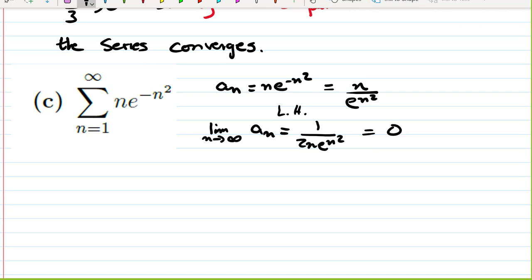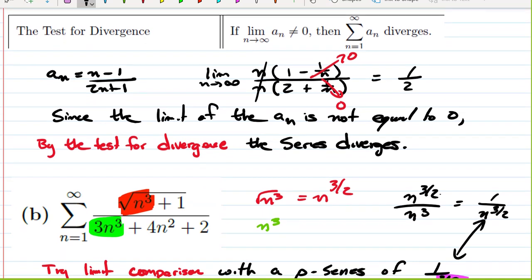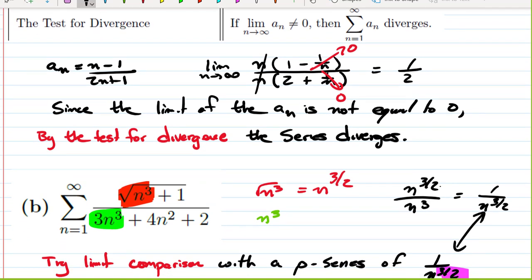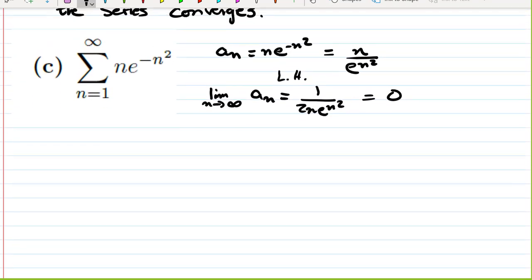So this tells us pretty much nothing, because what we just ran was the test for divergence. And it says the series diverges if that limit is not 0. So remember, if it equals 0, it doesn't tell us it converges. It doesn't tell us anything.